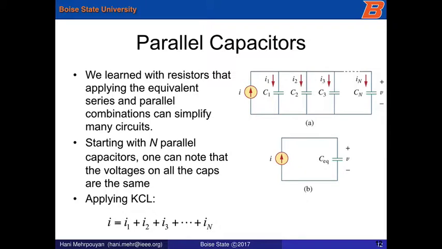But what's important is what happens when you connect capacitors in parallel or series. So let's connect a bunch of capacitors in parallel. What we see is that all of them see the same voltage. If we apply KCL at node 1, we have I equals I1 plus I2 plus I3 all the way to IN.